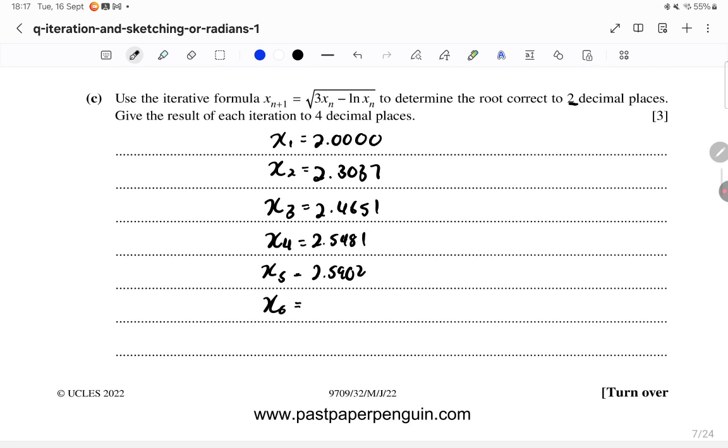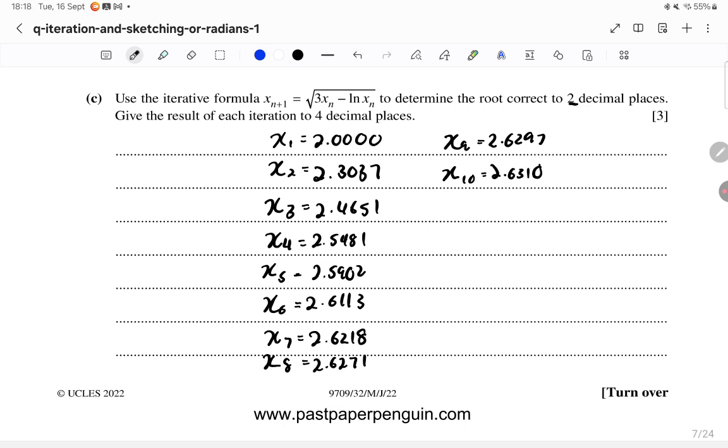Sixth iteration, I don't see them coming to a specific value yet, so I'm still going: 2.6113, not yet. 2.6218, still not getting there. x8, 2.6271, I think they're getting closer. x9, 2.6297, and again 2.6310. I think we've done so many iterations.